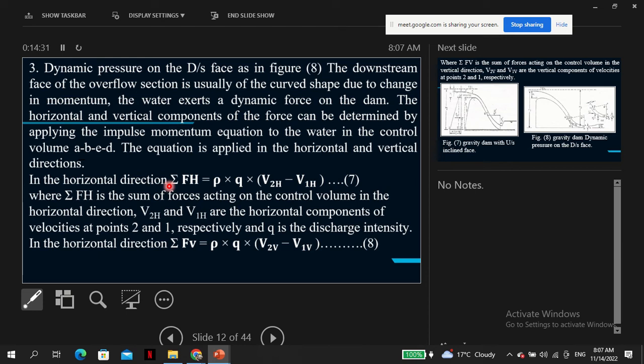The horizontal and vertical components of the force can be determined by applying the impulse momentum equation to water in the control volume ABCD. The equation is applied in the horizontal and vertical direction.